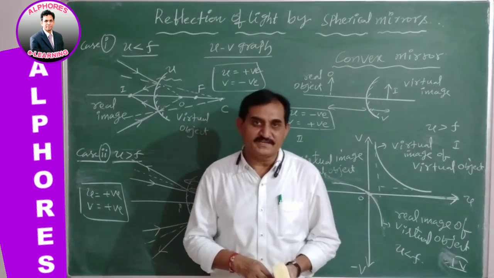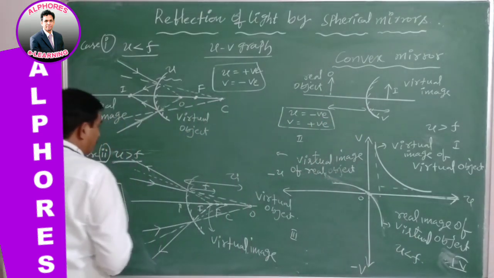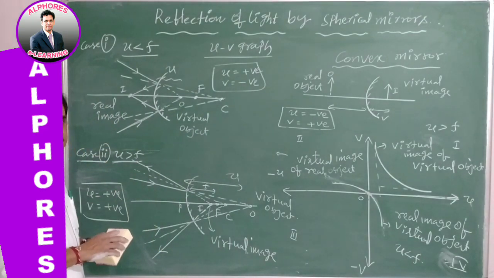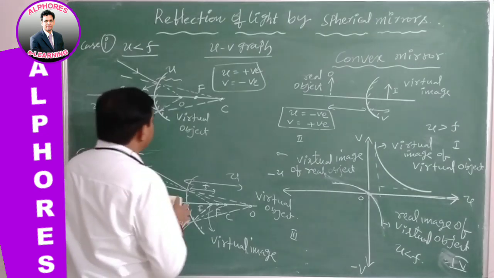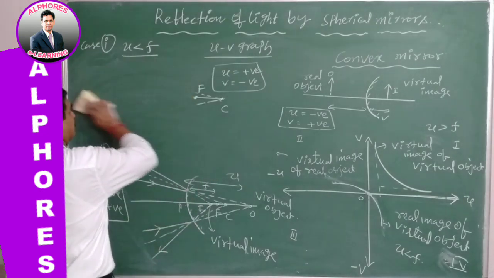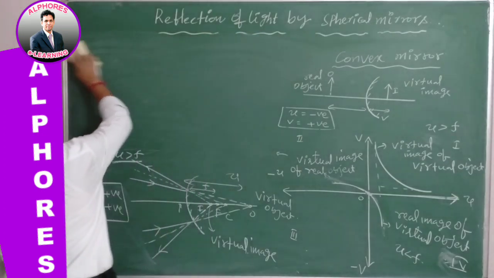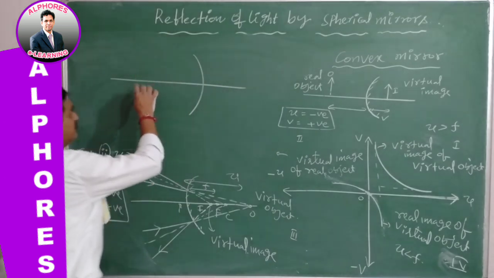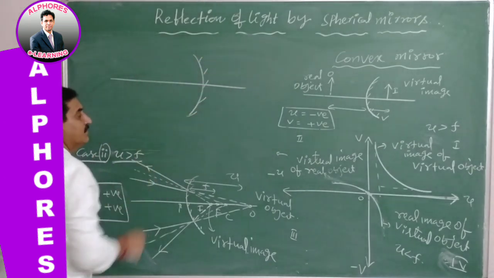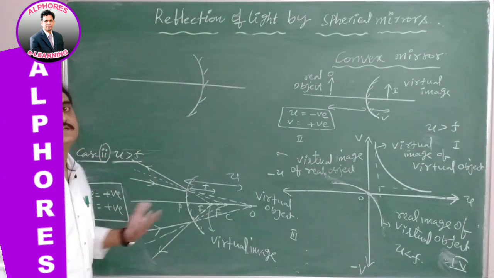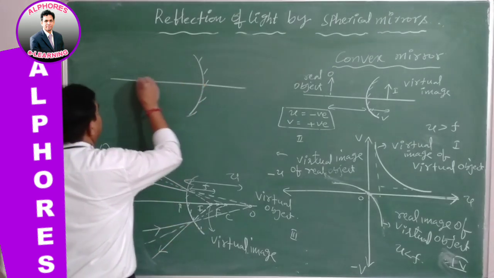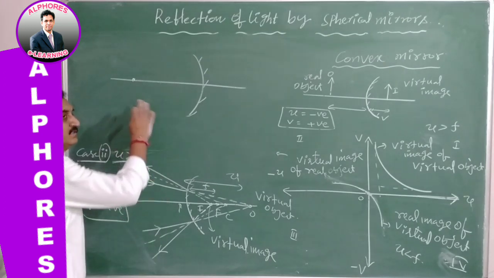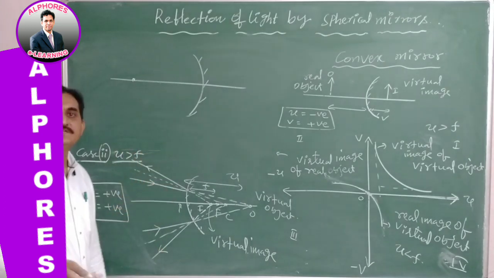And one more point, the second one, is one more logic. Whether it is a concave or convex mirror, when we take the mirror as a reference, if either the object or the image, both are in front of the mirror, then they are taken to be real object, real image.